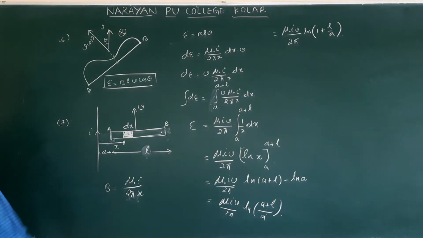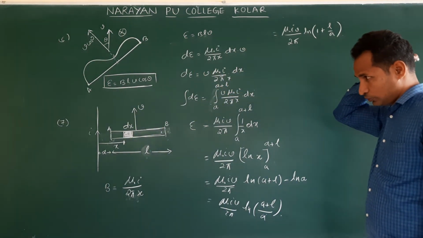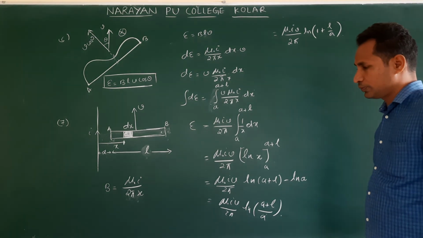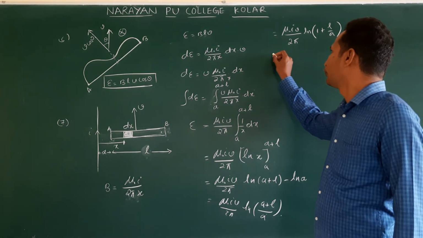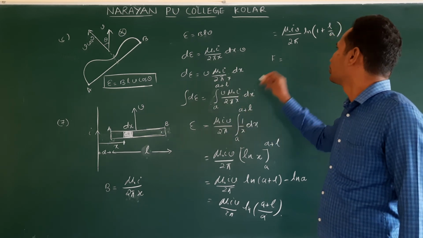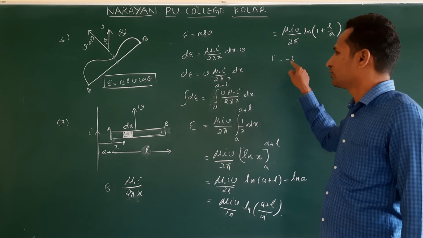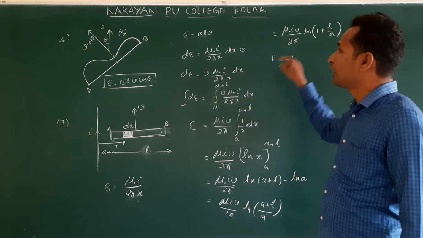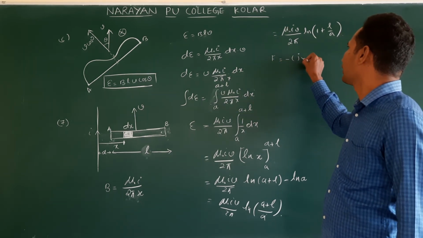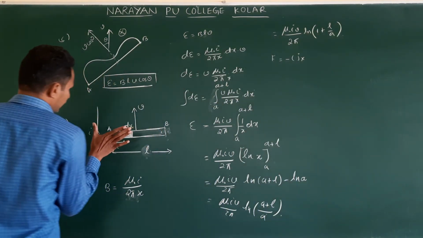Again, consider the force experienced by the conductor. Force F on an electron is minus e times (v × B). The velocity is going up, so it is j, and the field is moving into the board, so it is minus k. Am I correct?